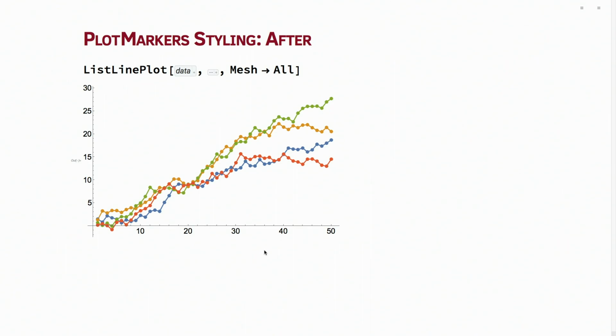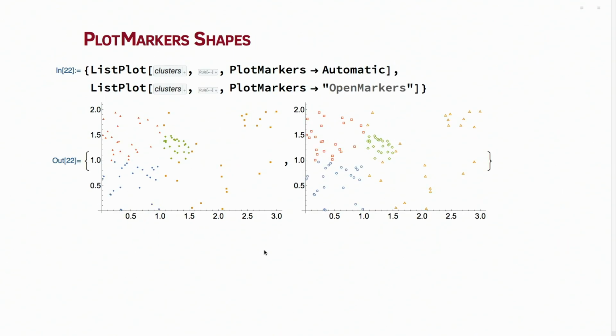We also, in the process of overhauling that aspect of plot markers, have updated the plot markers in general. So there's a little bit more flexibility in terms of how to specify what the shapes are, how to specify what the size of the shapes are.